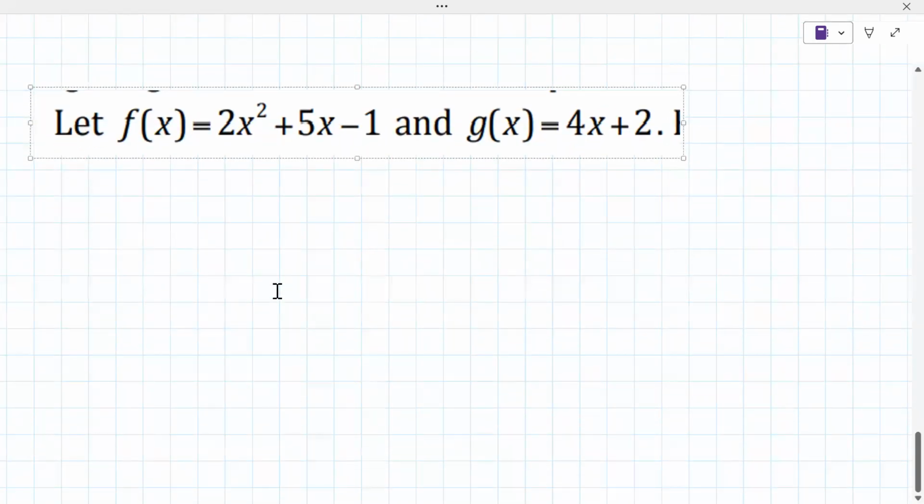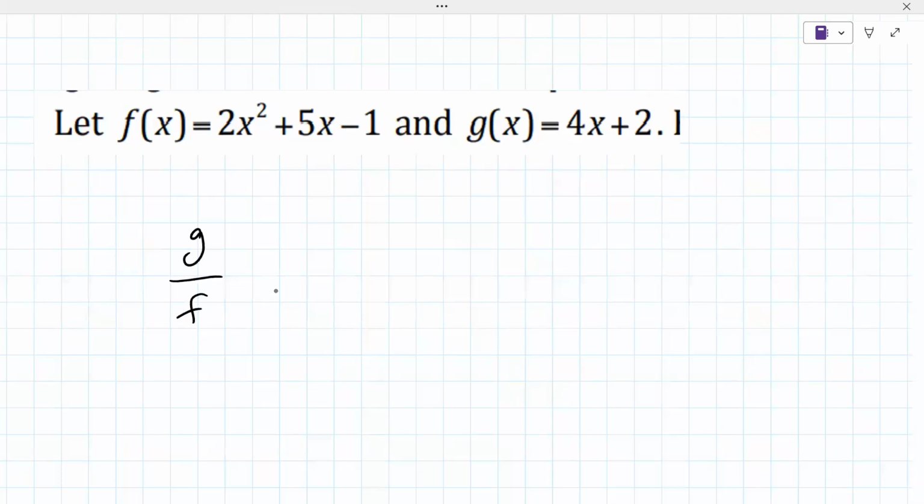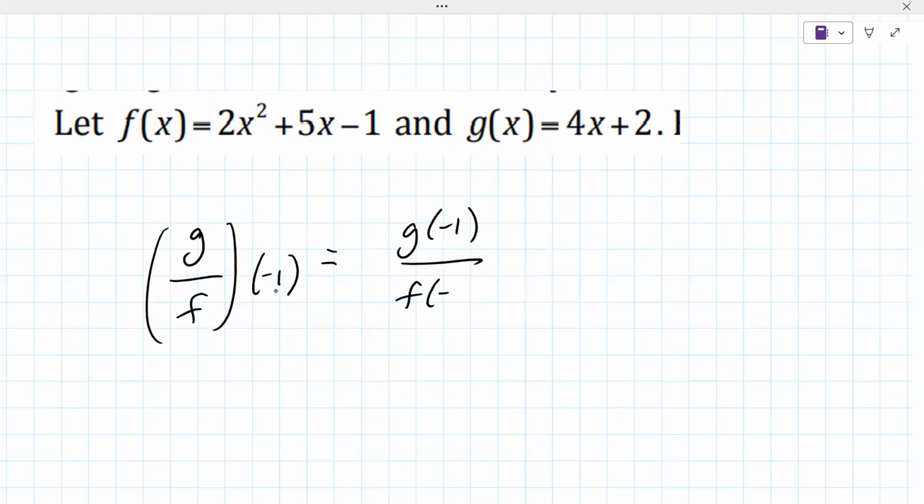Like I can have you do g over f of -1, which means g of -1 over f of -1. Is that kind of clear? Yeah. Okay. Could you calculate this for us, please?